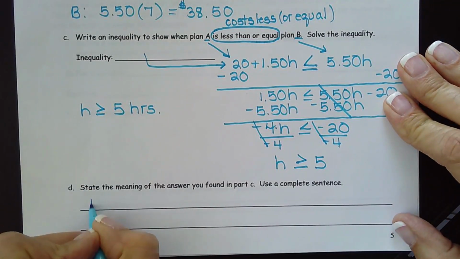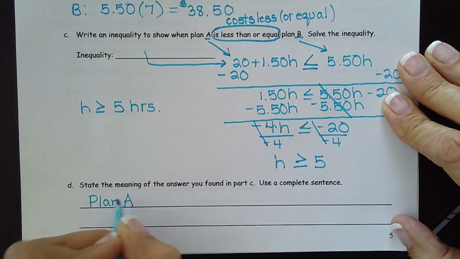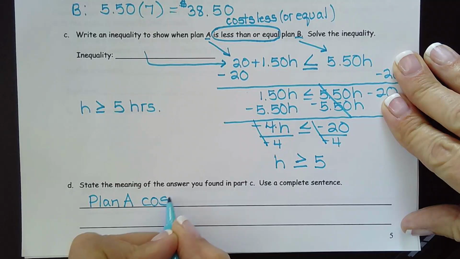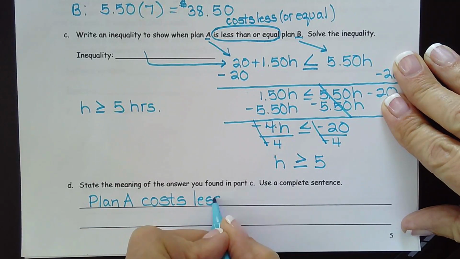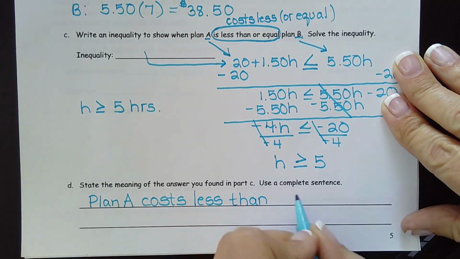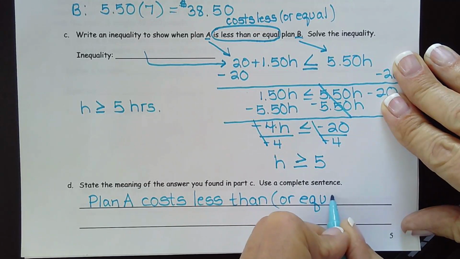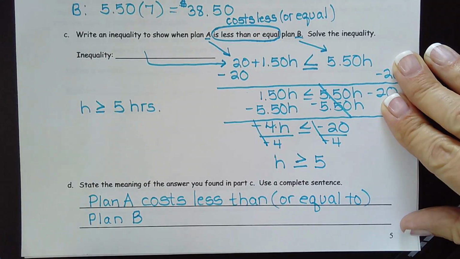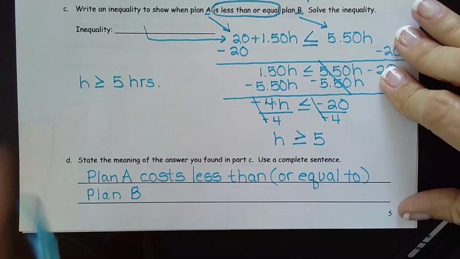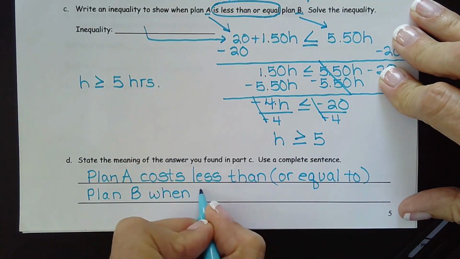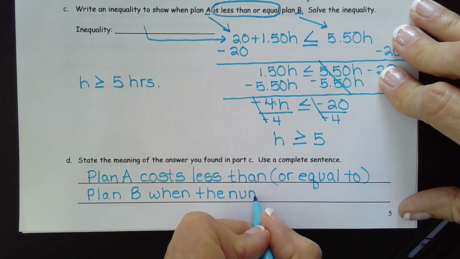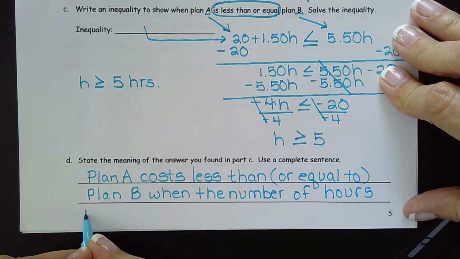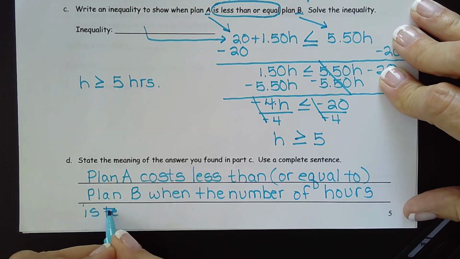So plan A costs less than or equal to plan B when the number of hours is, whoops, slow down, Kim.